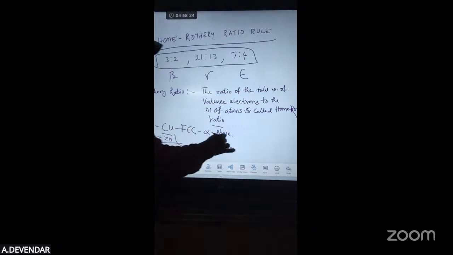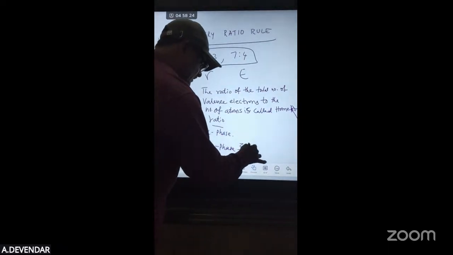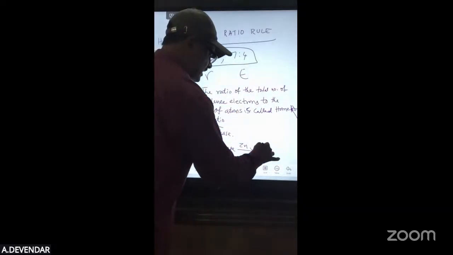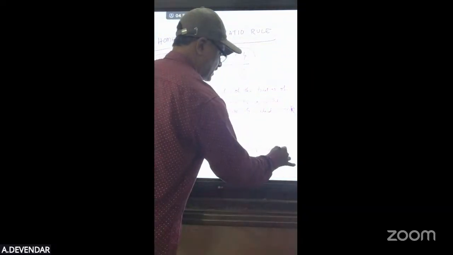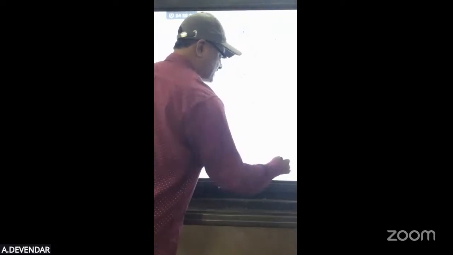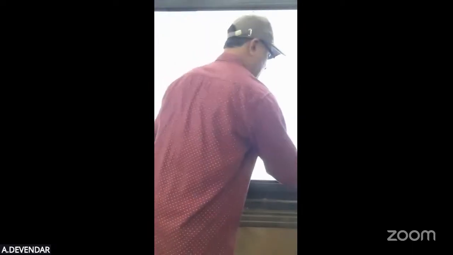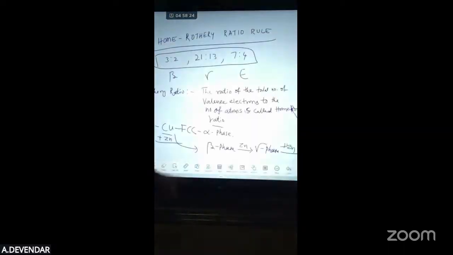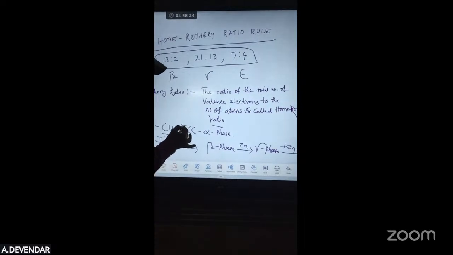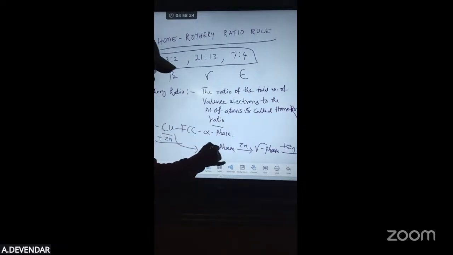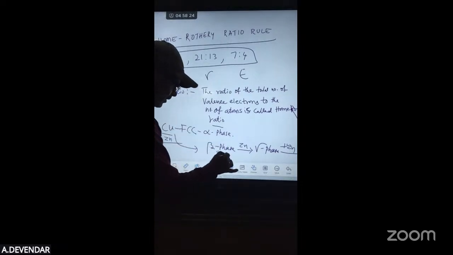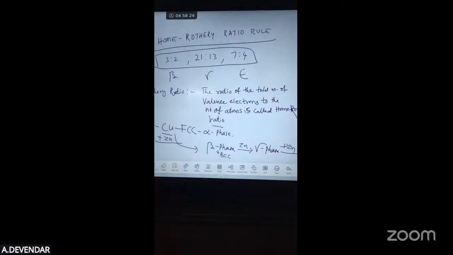When some more zinc is added, it is converted to the gamma phase. Suppose a large amount of zinc is added to the copper, it is called the epsilon phase. Pure copper is face-centered. When you add zinc, it is converted to the beta phase, which is a body-centered cubic lattice.